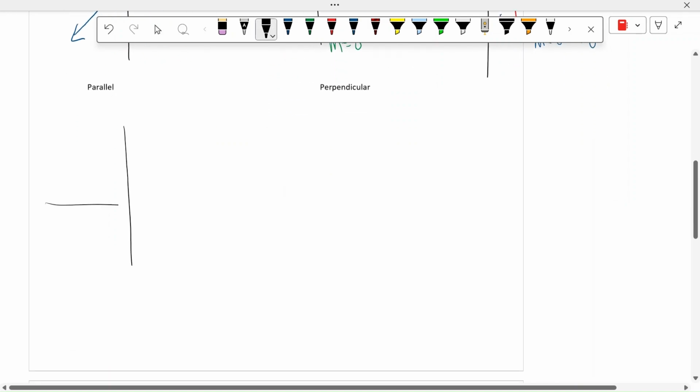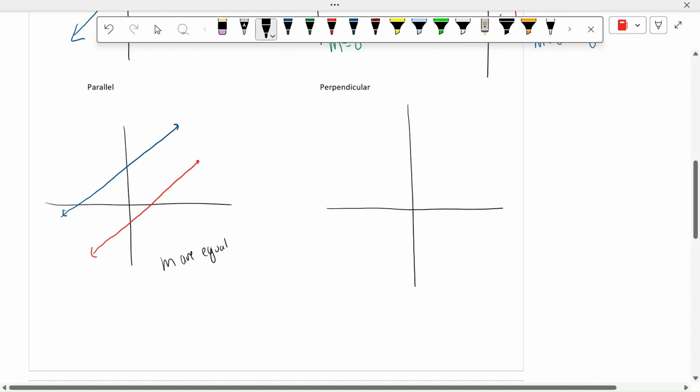If two lines are parallel to each other, like this blue line and this red line, then we would say that their slopes are equal. The other special case is if you have two lines that are perpendicular to each other, like this red line and this blue line.